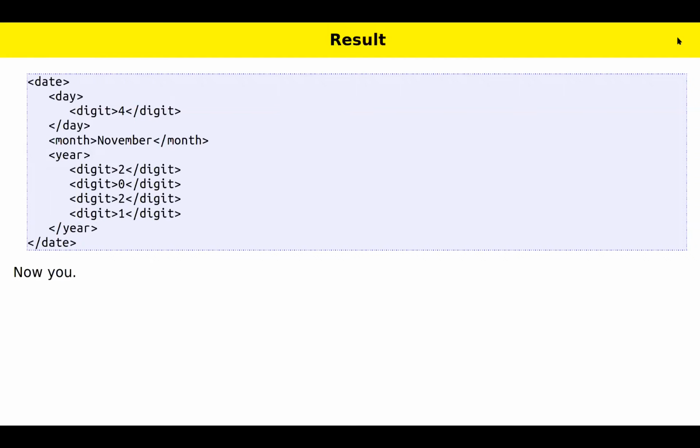One, the ixml file, call it anything you like, but for instance, dates.ixml. And then the input that you want to use, for instance, 4th of November 2021, you put that into a second file, and you can call that dates.txt or whatever you want. It's probably handy if you could call them both date, but what comes after that doesn't really matter.